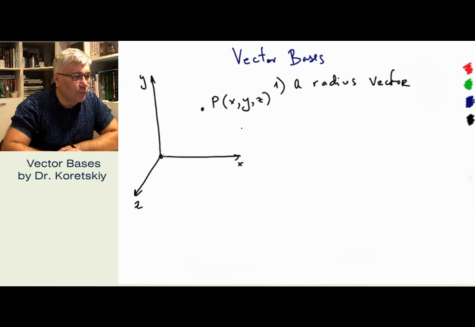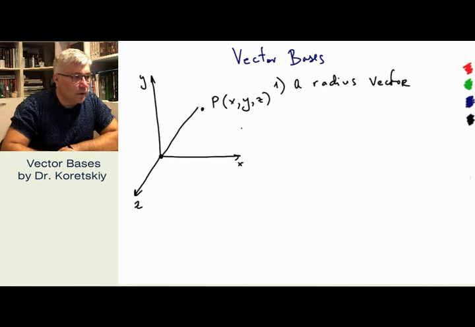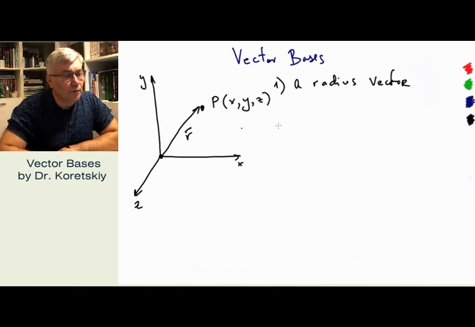If you have here a point P with coordinates x, y, z, a radius vector r is a vector which joins the origin of the system of coordinates, or 0 point, and point P. And the head point of this radius vector is this given point P.